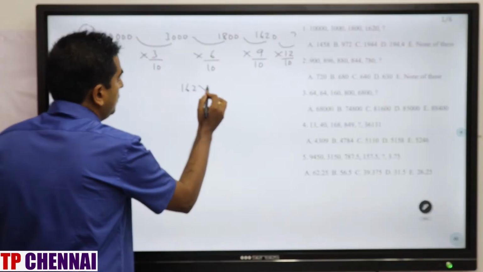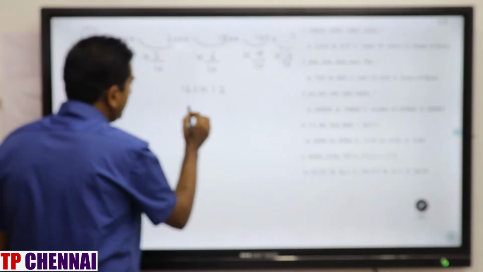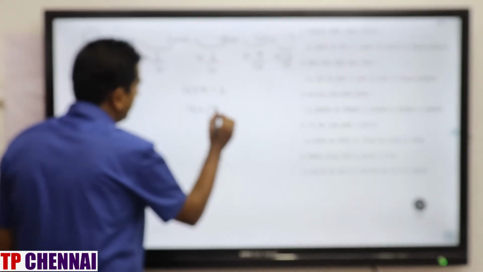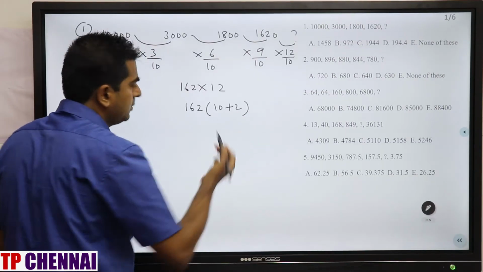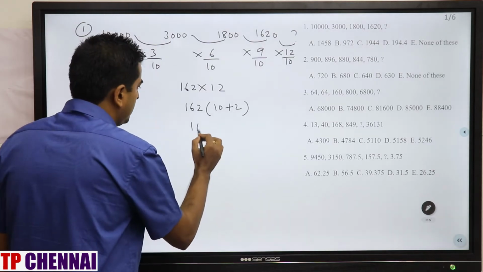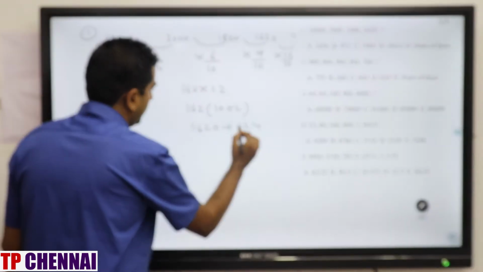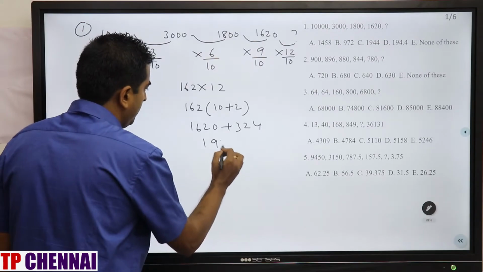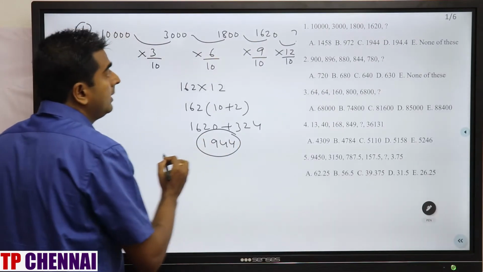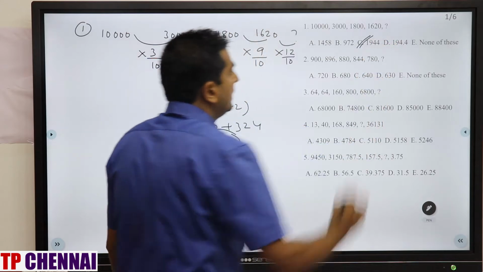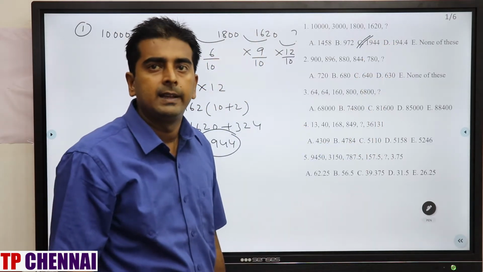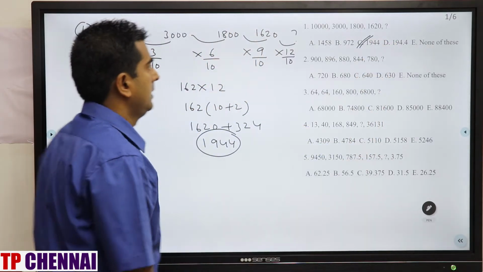So 162 into 12, 162, make it as 10 plus 2. So 1620 plus 324, 1944. 1944 is nothing but third option. Clear? Mains level question, right?